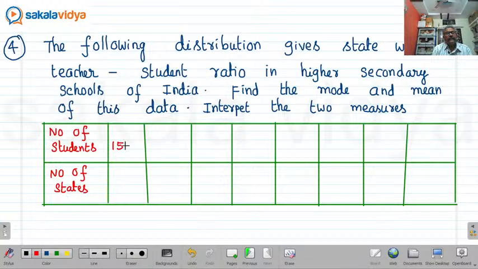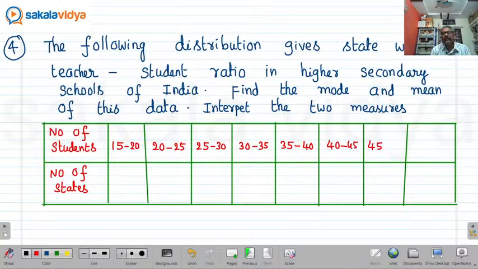Class interval is 15 to 20, 20 to 25, 25 to 30, 30 to 35, 35 to 40, 40 to 45, 45 to 50, 50 to 55.